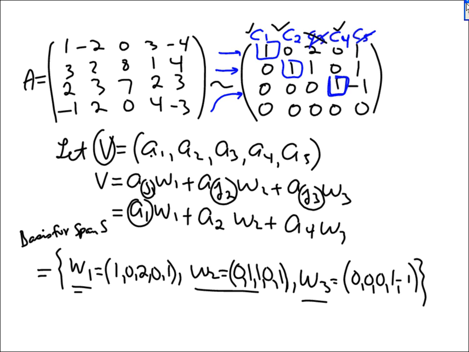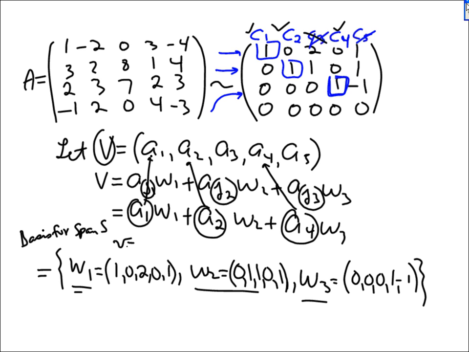This a1 is that first number in the vector. This a2 is the second number in the vector. This a4 is the fourth number in the vector. So, let me try to sneak it in.